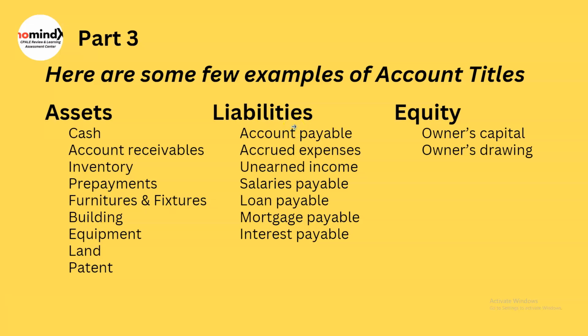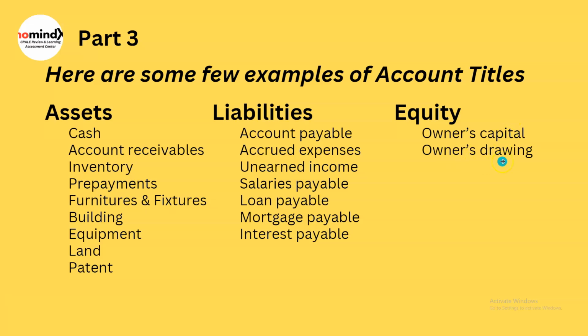There are a lot of liabilities in the future. We have bonds payable, we have other types. Okay, so that would be encountered in some future examples or accounting of transactions. And here the third one is the equity. In equity, basically we have only the owner's capital and the owner's drawing.